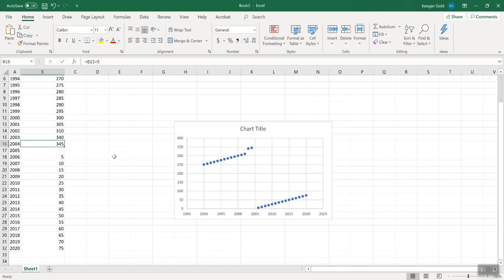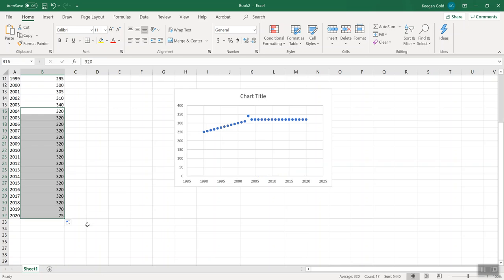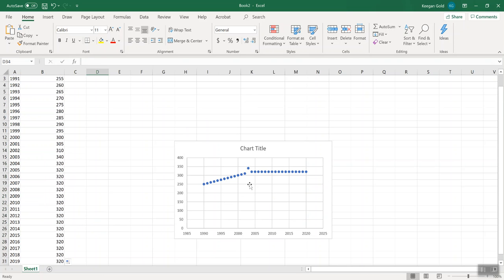Go here. Okay, so now we've got this anomaly right here, right? You don't want to have a line going through each of these points, which says that this is definitely what happened at this given time, that it went up and it went down, and so on. That's what the line ends up telling you.